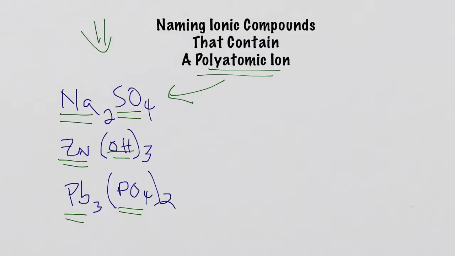If I go back here to the beginning, let's name them then. Na, you should recognize, of course, is sodium. And SO4, I recognize as the polyatomic ion sulfate. So this is sodium sulfate. I go to the next formula. I have Zn, that's zinc.